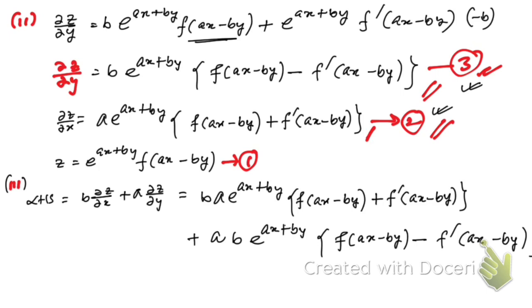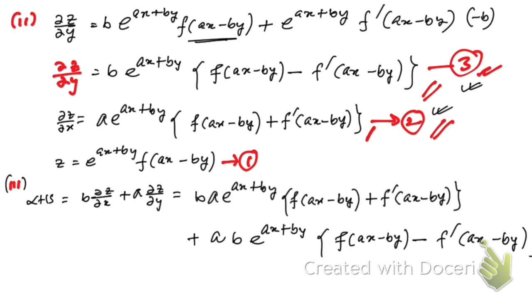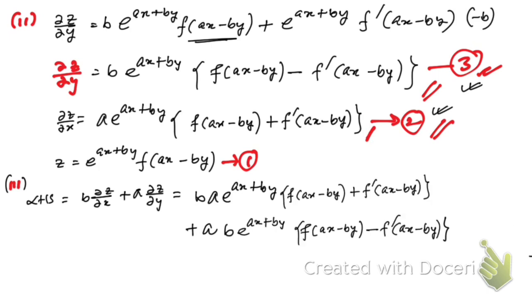So now just wait, let me write these things here on this side. Okay, let's keep it this way. So now you see, this is what we have got. Now again we are to take this a b e to the power ax plus by common from both terms. So if you take this common, then what are you going to get?